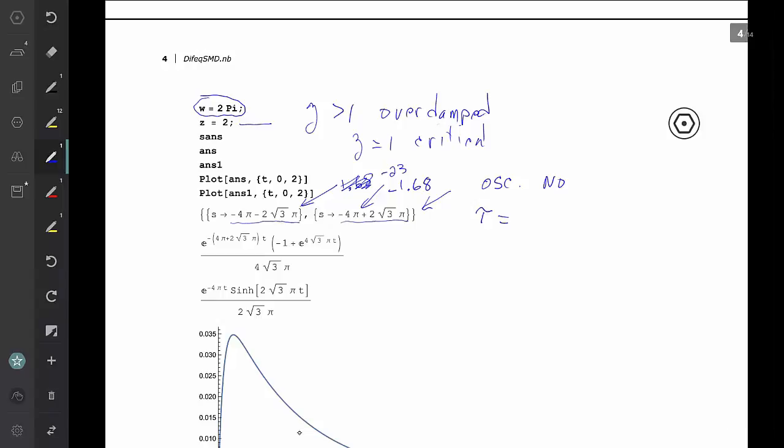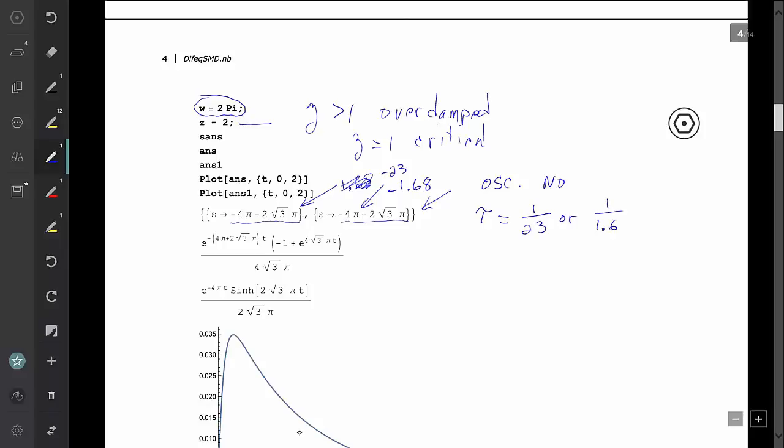Okay, so you have two time constants, either 1 over 23 or 1 over 1.68. This one here is clearly the larger one. This one is very small. And so you have to decide which time constant you return on an exam. It's this one. You always return the biggest. Whichever one it is, you pick out the biggest one.